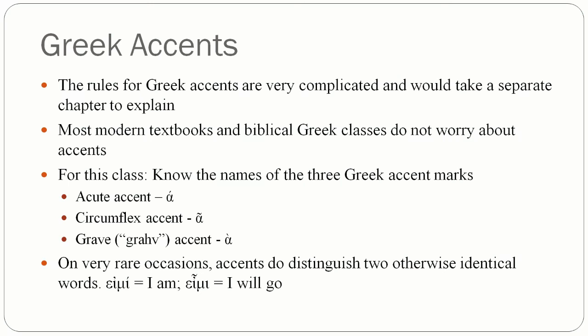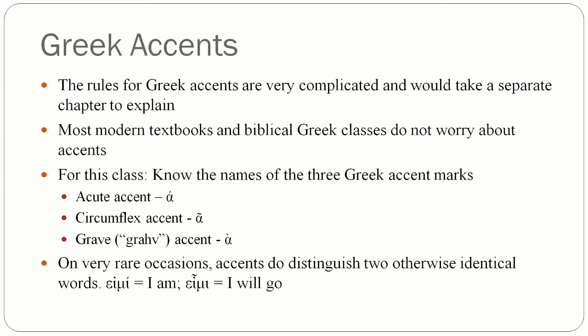As an example, I've given you two words. They're spelled exactly the same way: epsilon iota, with a smooth breathing mark on it, then mu iota, pronounced "ay-mee." But they're two different words. If you have an acute accent on the final iota, "ay-MEE," it means I am.